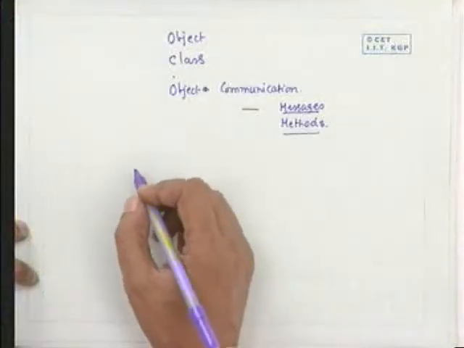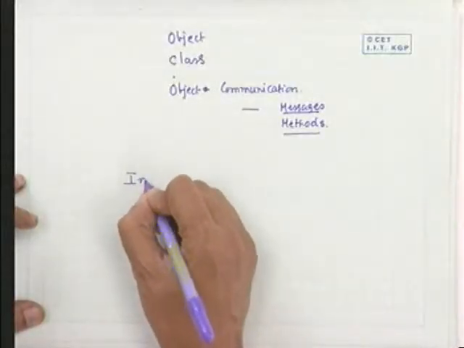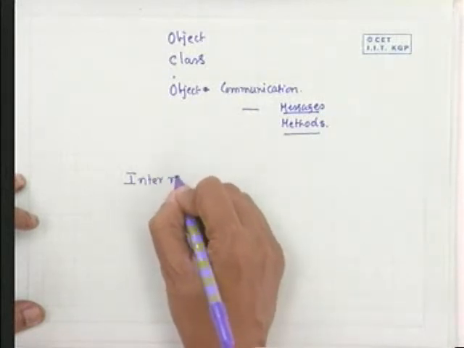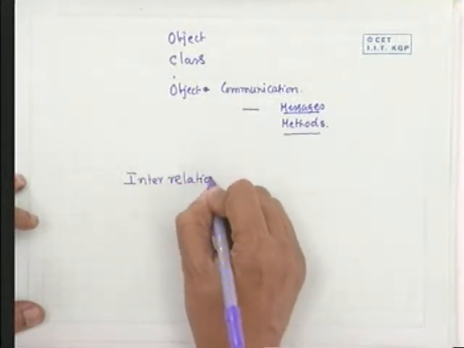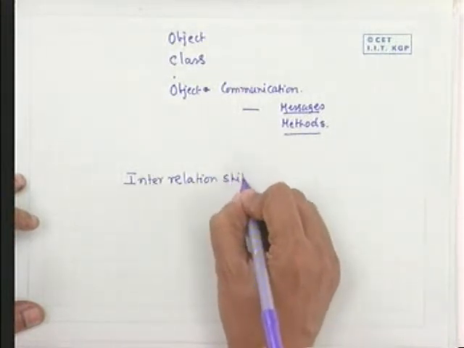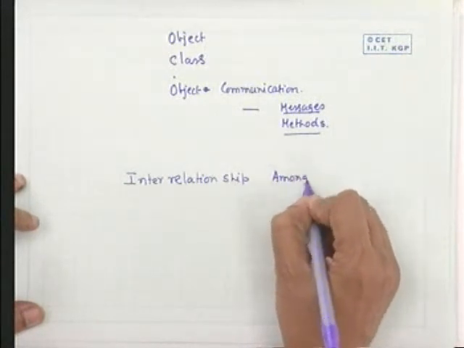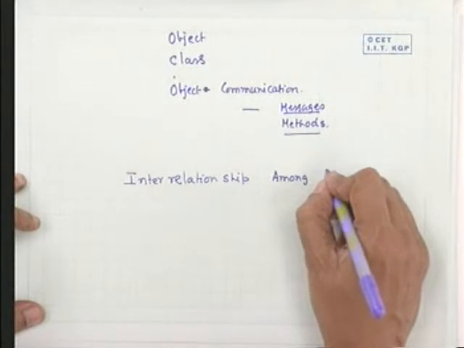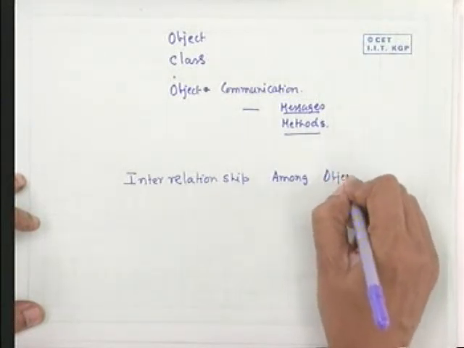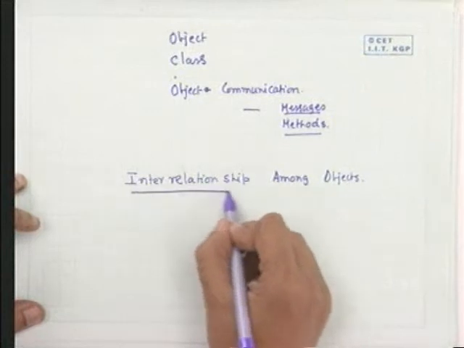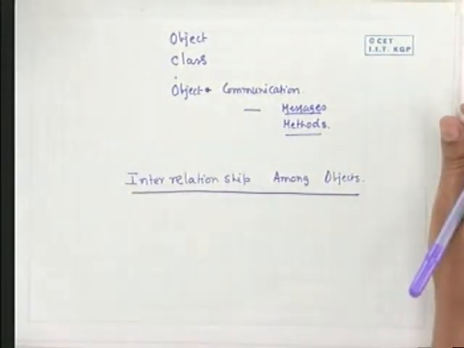The next concept that we have to deal with is related to how we define the interrelationships among the objects. We can immediately see that objects in a real life environment cannot remain in isolation.